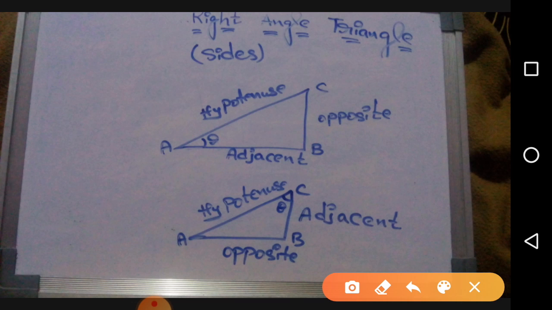You may think that only this side will be opposite. No, that's a wrong perception. You can have your angle over here, and the side directly in front of the given angle is the opposite, the one adjacent to it is the adjacent, and the longer side is the hypotenuse.